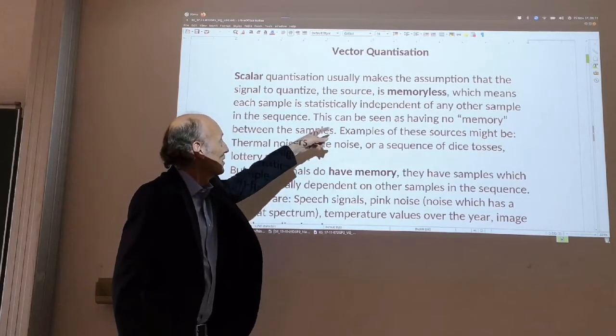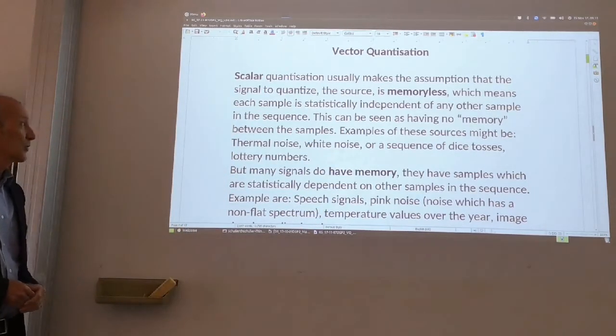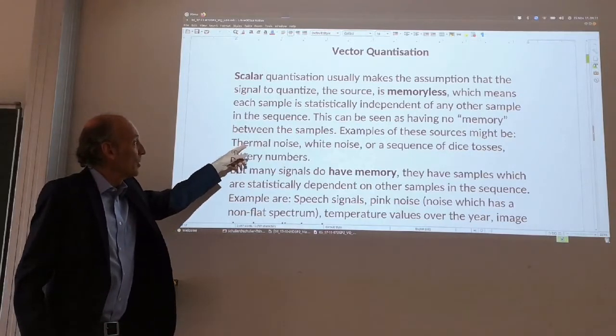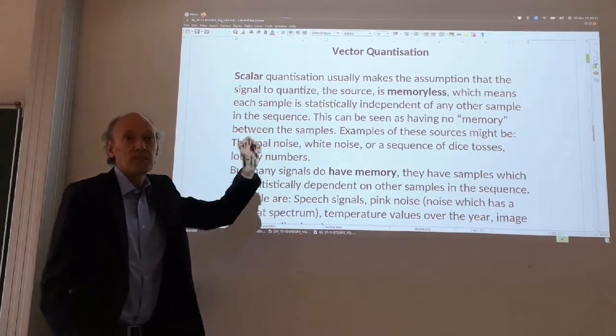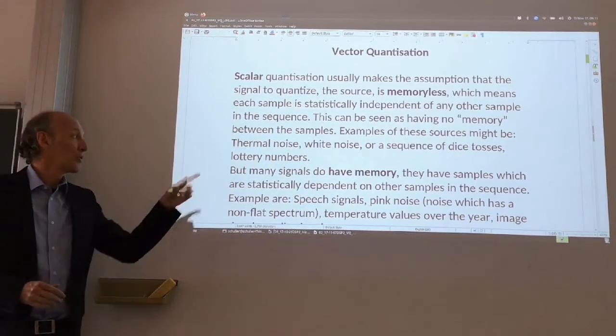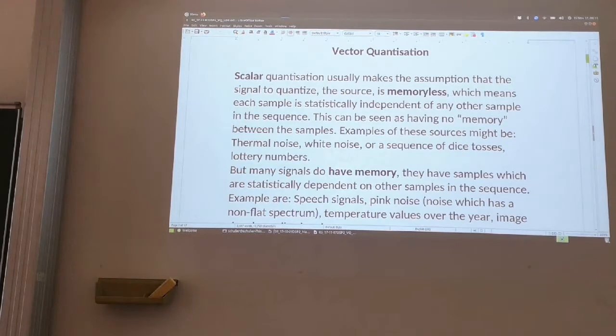So indeed, this assumption of having no memory often is not quite true. So examples of no memory are, for instance, white noise, or a sequence of dice tosses or lottery numbers. So if you throw a dice, then the number you get is totally independent of the previous number you get.